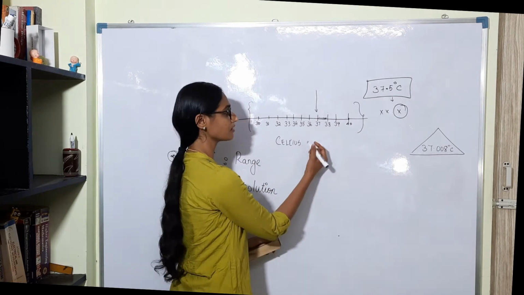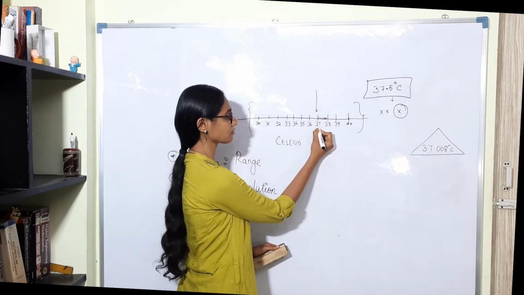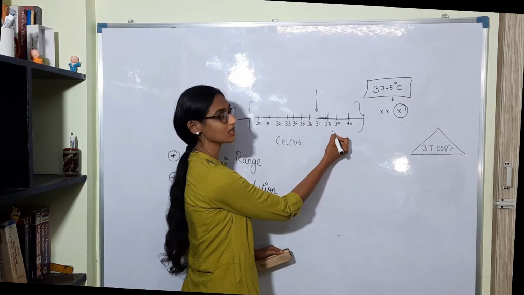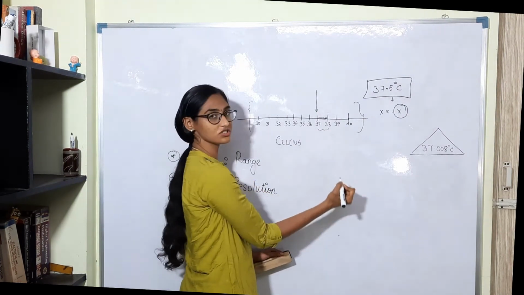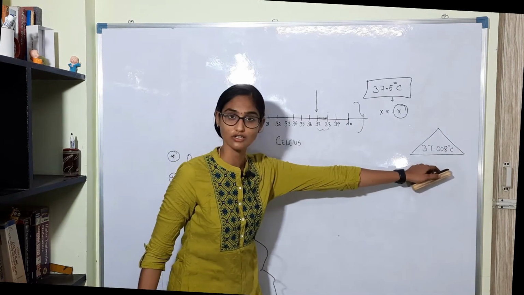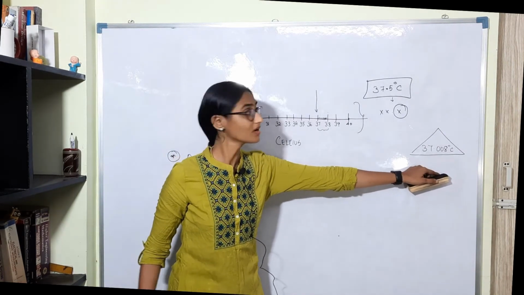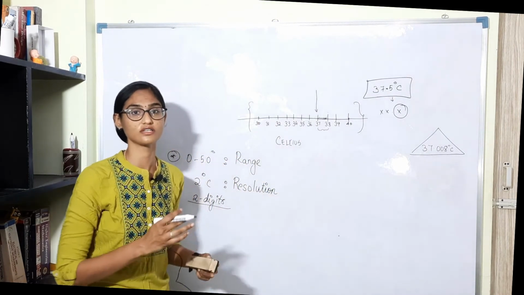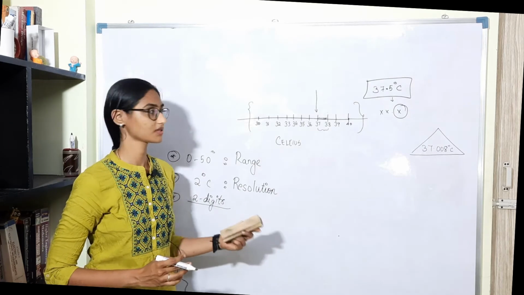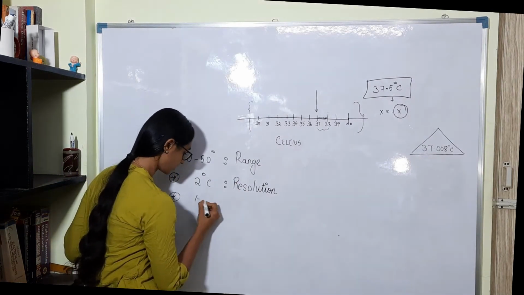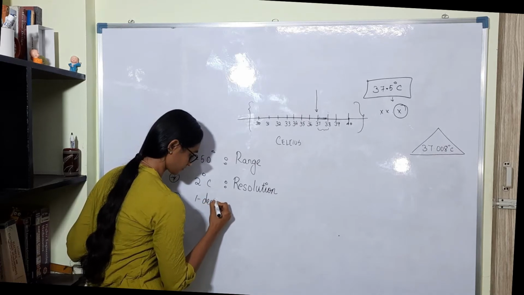But say your device can measure from 37.1, 37.2, 37.3, etc. up to 38. If this is the number of divisions that you have in your device, you won't be able to measure this accurately. So, this quantity is called precision. How observant your device is, that is precision. So, the precision will be 1 decimal digit.